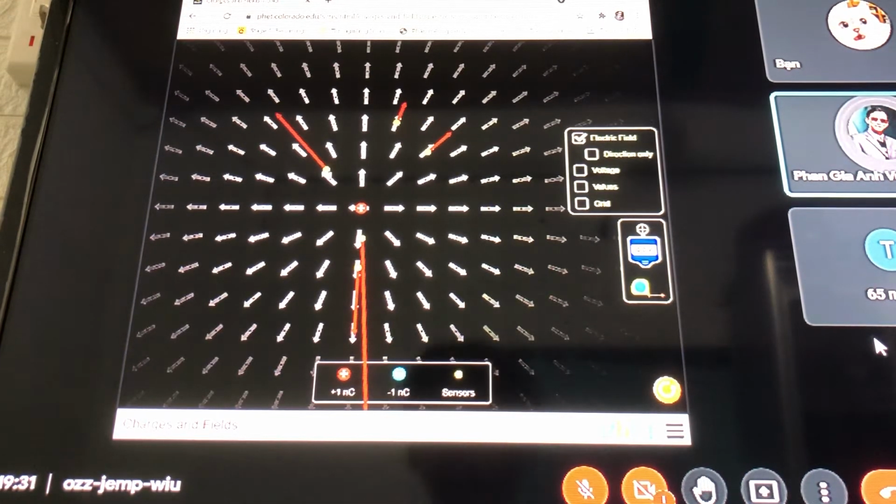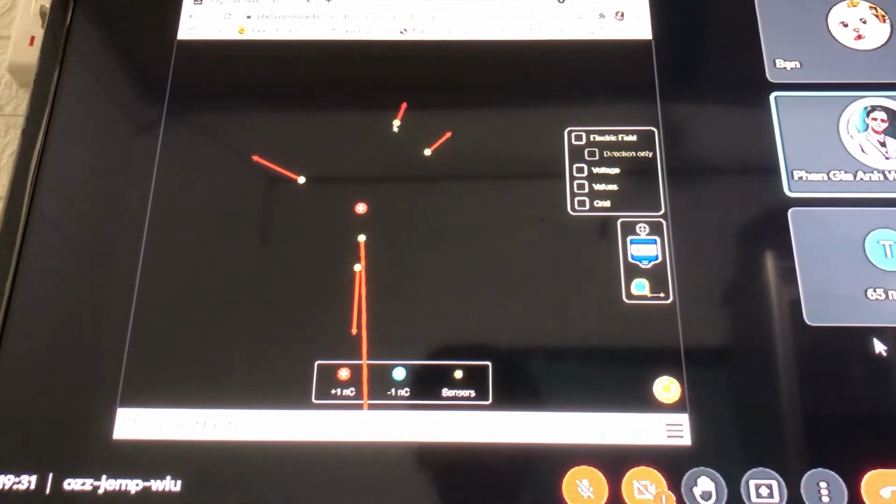But what happens when I move a charge around in the field of this charge? For example, I move from here to here. What happened?